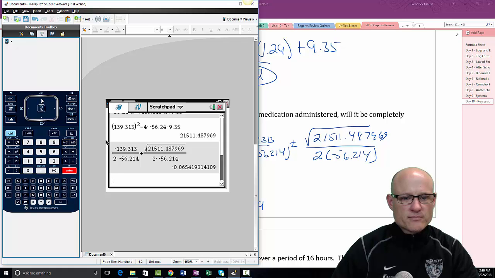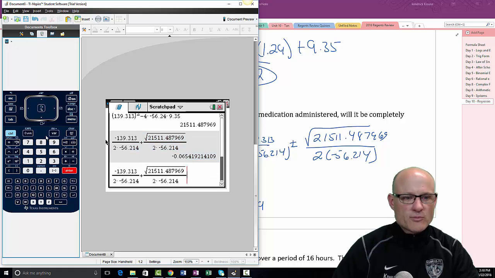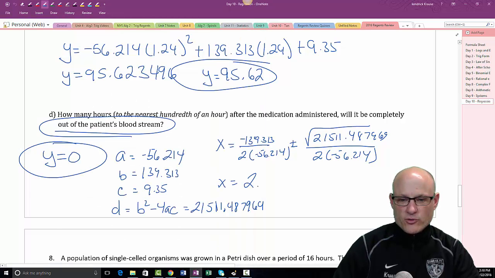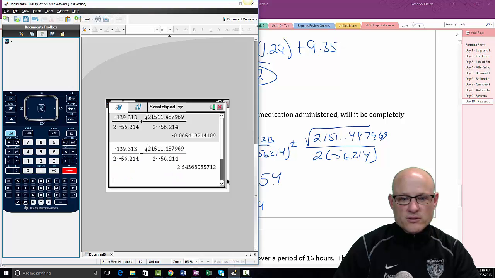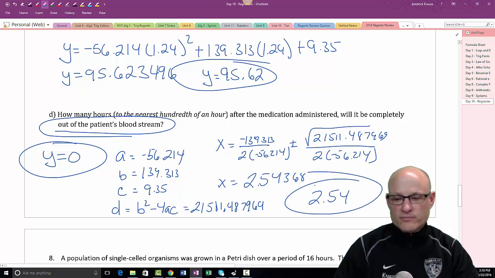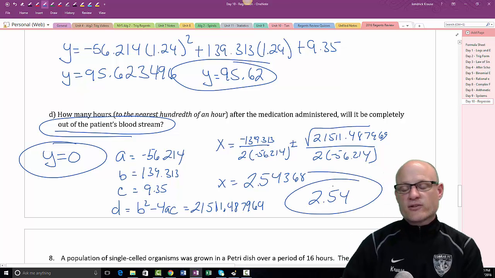That doesn't make any sense. What happens when I do a minus here? Ah, 2.54. So x equals 2.54368. So the answer is 2.54 hours. It'll be completely out of the system.